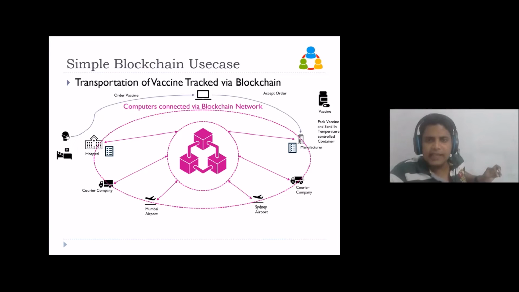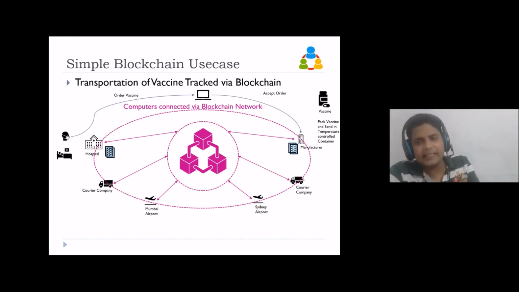Now the next step is the manufacturer packs the vaccine and sends it in a temperature controlled container, and then they will engage a courier company. So they will say that I have packed the vaccine, and that information they enter into the blockchain network. Immediately the hospital gets the information. They are not sending any email.